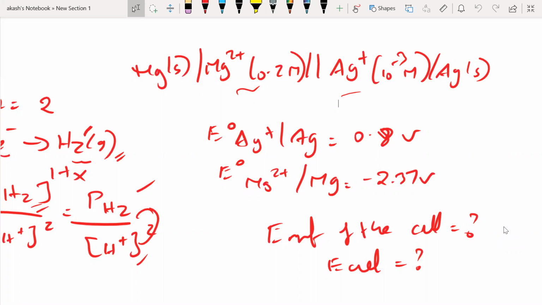Sir, so we should find the E cell value? Correct. You should find the E cell value, but you first have to find the E naught cell. Okay, sir, E cell is the end question. Yes, absolutely.